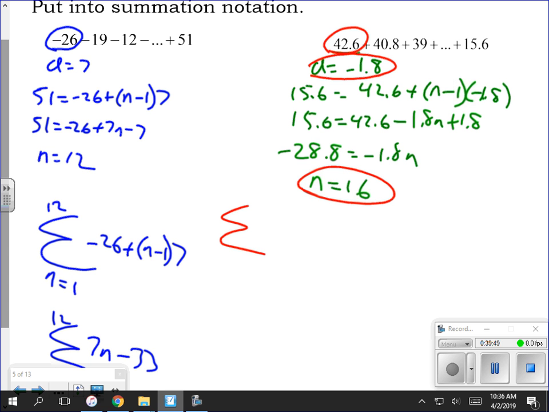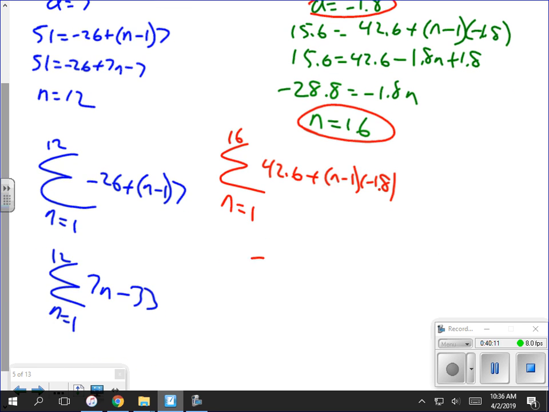So I have the sum from N equals 1 to 16 of 42.6 plus N minus 1 times d, which is negative 1.8. And simplify that out. So I get the sum from n equals 1 to 16 of negative 1.8n plus 44.4.